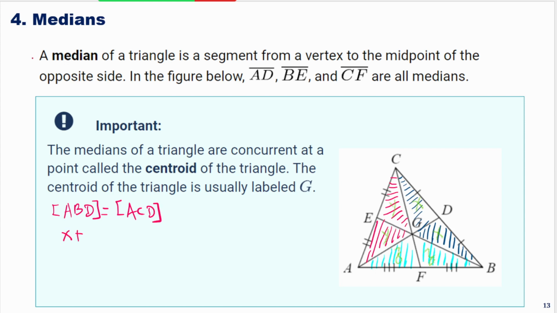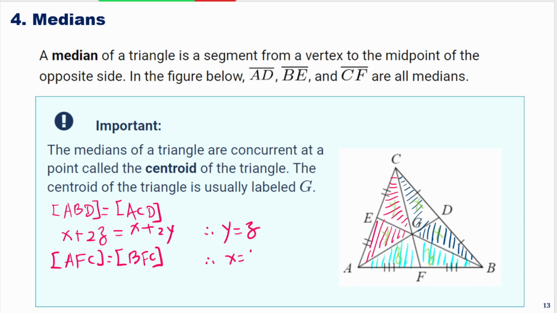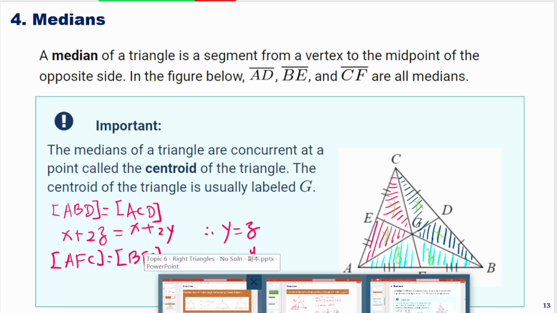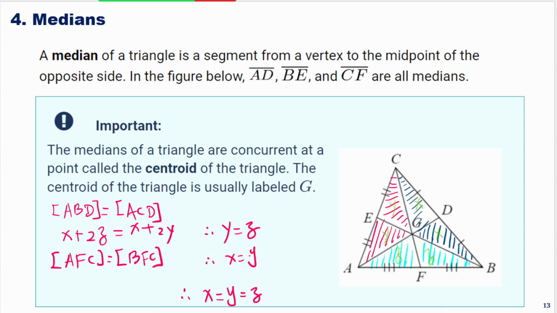Therefore, we have x plus 2z equals x plus 2y. Therefore, we can prove y equals z. Similarly, we can use the area of triangle AFC equals the area of triangle BFC to show that x equals y. Therefore, we can actually show x equals y equals z, right? And therefore, all the 6 little triangles have the same area. Did you get it?